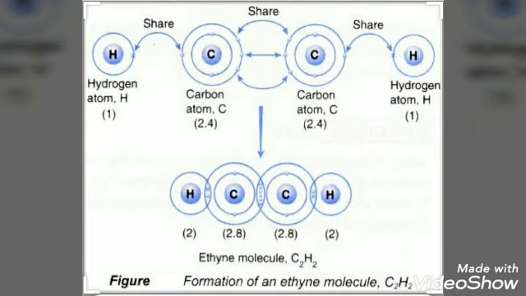The remaining 2 electrons of the 2 carbon atoms are shared with 2 hydrogen atoms to form 2 carbon-hydrogen single bonds. In the ethine molecule, we have 1 carbon-carbon triple bond and 2 carbon-hydrogen single bonds. So, ethine is a covalent compound which contains single bonds as well as a triple bond.